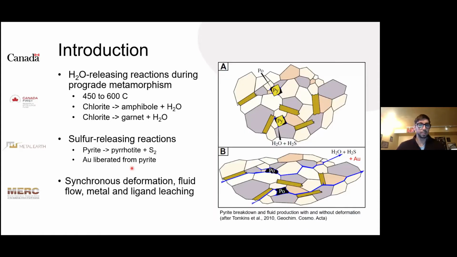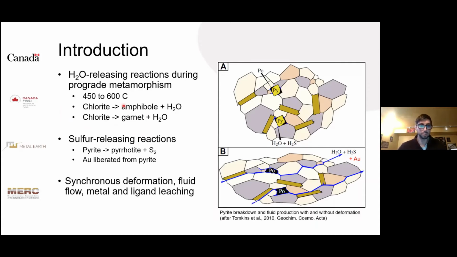So essentially, the concept behind this is that when we regionally metamorphose a sedimentary rock or volcanic rock, the rock experiences multiple water-releasing reactions along its prograde path.